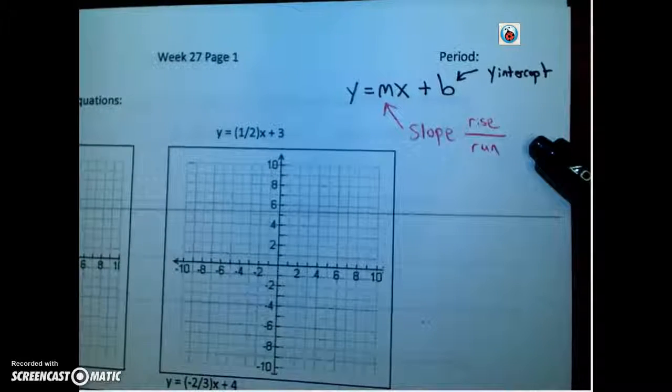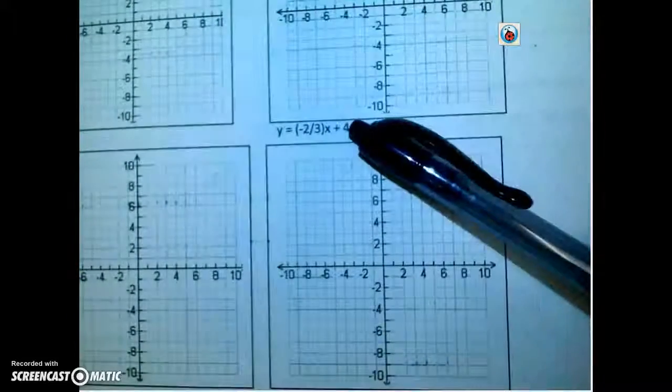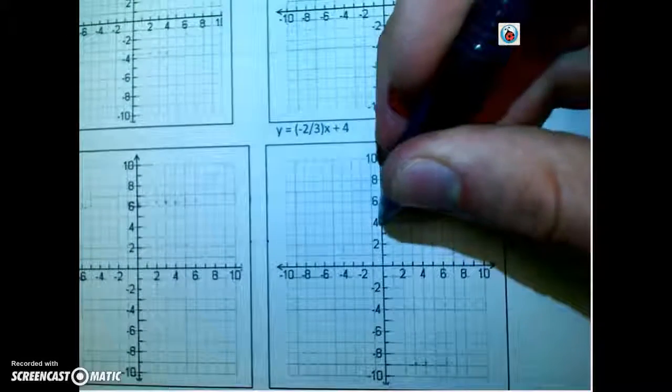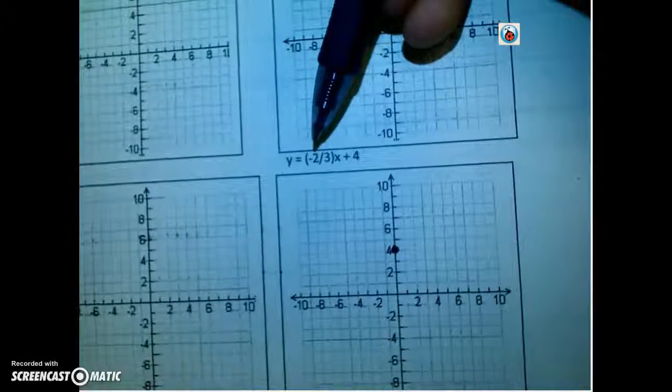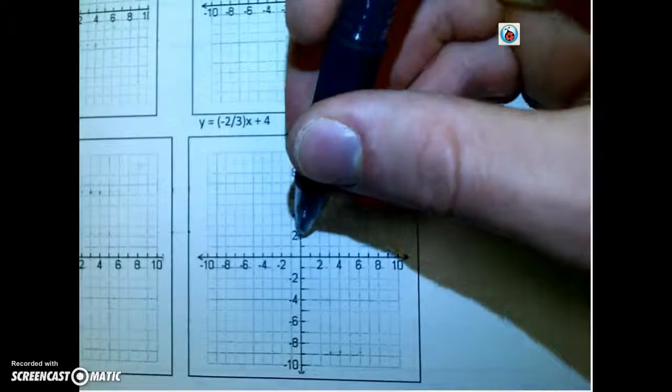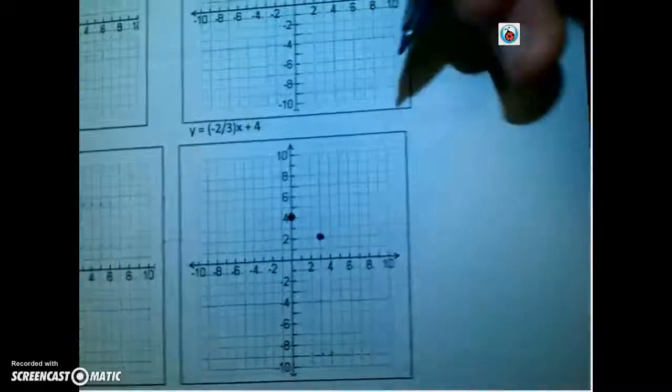So say, for example, we were looking at one like this. All right, that's my y-intercept. We're on the y-axis. Right, then my slope, rise over run, is a negative.